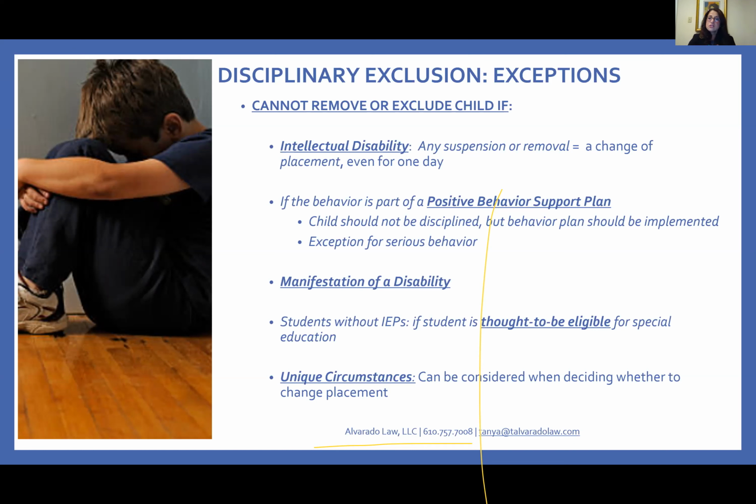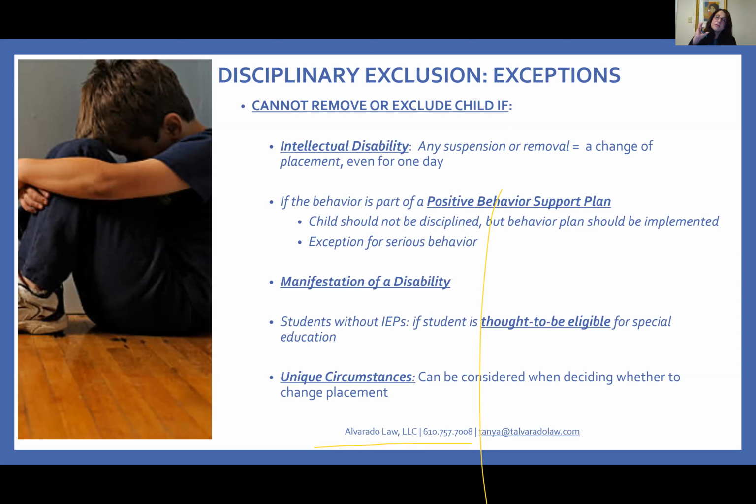The school district has to notify you, they have to give you an RP. There are so many protections that just kind of kick in right away. Some of my clients tell me, I heard a child with an intellectual disability can't be suspended. Technically they can, but that suspension is a removal, it's a change in placement.